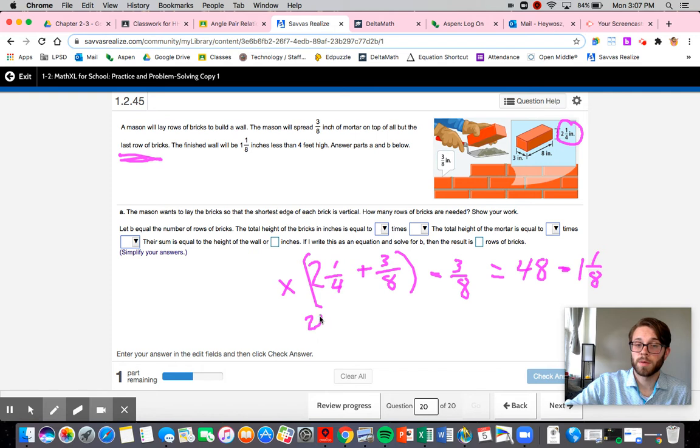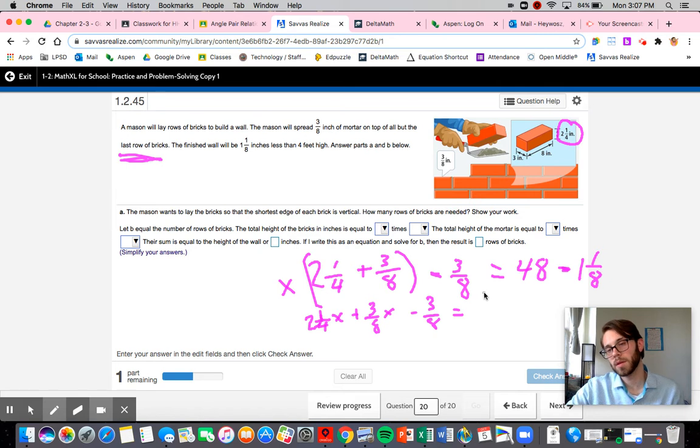So 2 1/4 x plus 3/8 x minus 3/8 equals 48 minus 1 1/8. So all I did was distribute that x to those particular things.